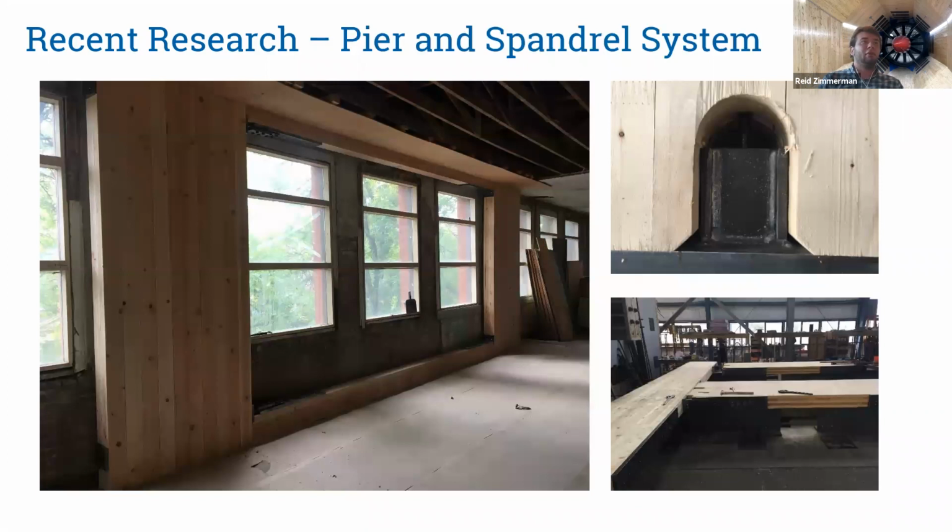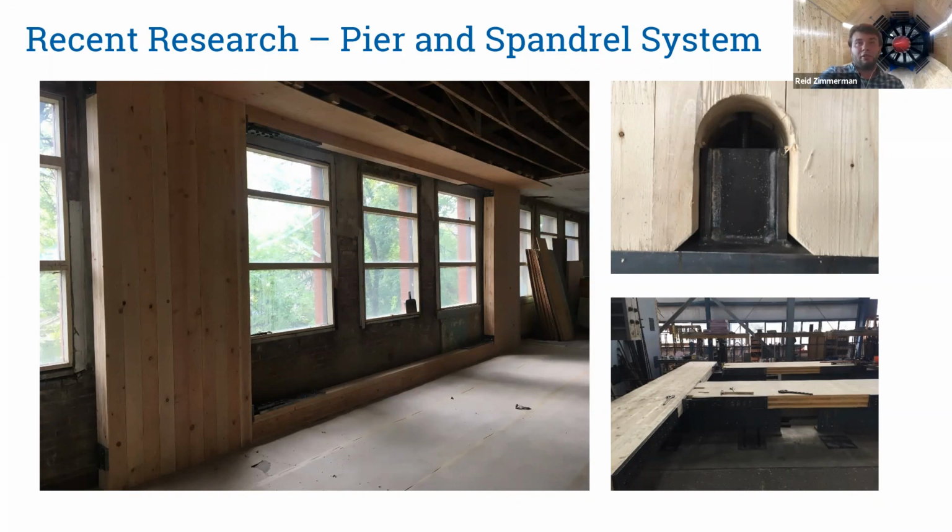The idea of the genesis of this Pier and Spandrel project is looking at ways that we can use mass timber to retrofit unreinforced masonry buildings in historic downtowns, and ways in which, rather than using a wall, which would obstruct the windows or obstruct the views and disrupt the historic character, could we find a way to sort of mimic the Pier and Spandrel look of these older URM buildings with mass timber?